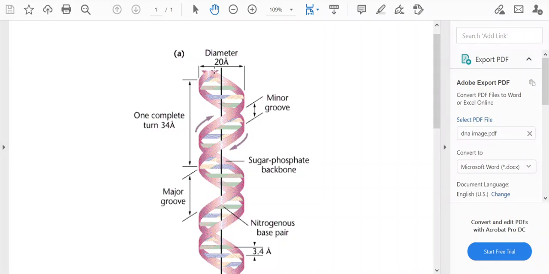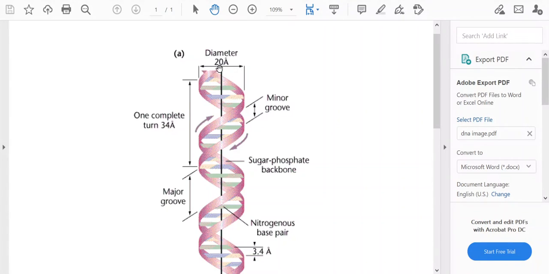We will discuss more detail about the structure of the DNA in some later lecture, but in this lecture we will only tell about the size of the DNA. So this is a helical structure, and if you look at the cross-sectional portion, this is the diameter.